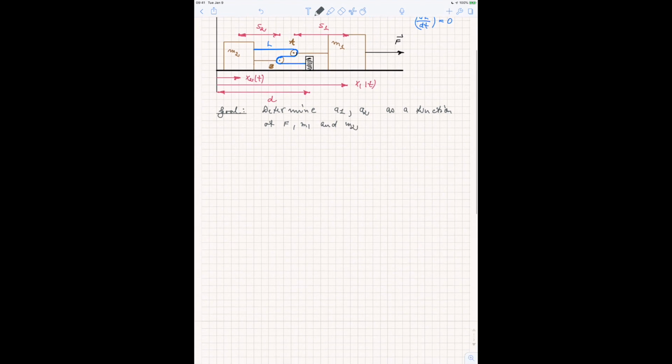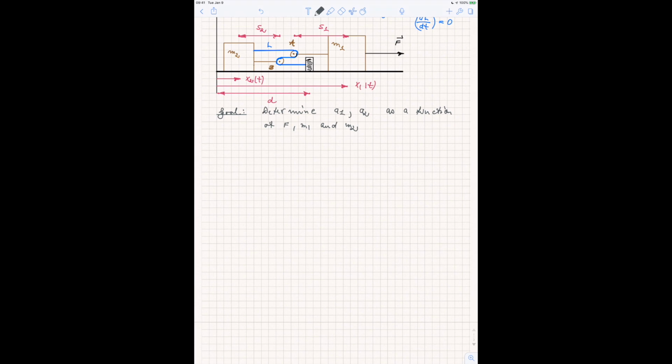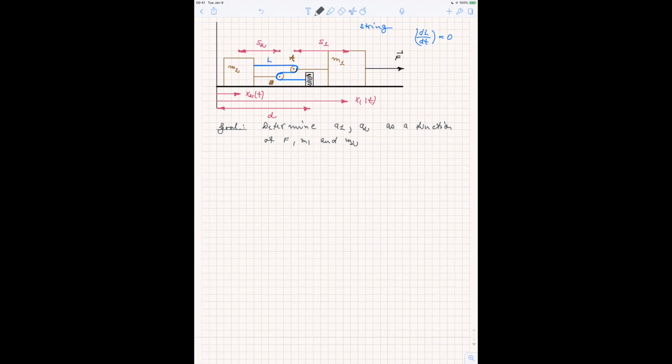Okay, so now we will first draw a free body diagram, and let's first do this for mass m1 and then mass m2. So free body diagram.